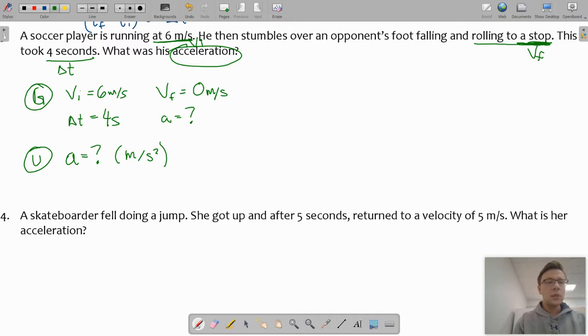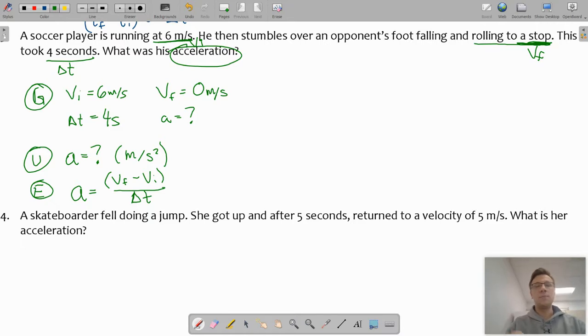Okay. Our equation, same as always, for acceleration: the acceleration of an object is equal to the object's final velocity minus the object's initial velocity over the change in time, which is final time minus initial time. Now for our substitute step, we're going to go ahead and plug these things in.